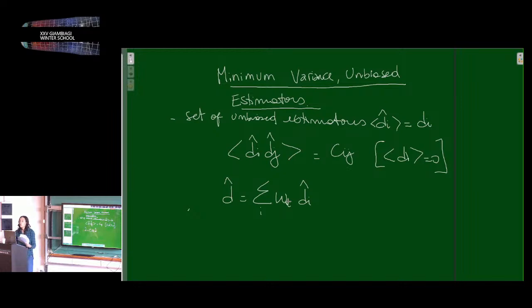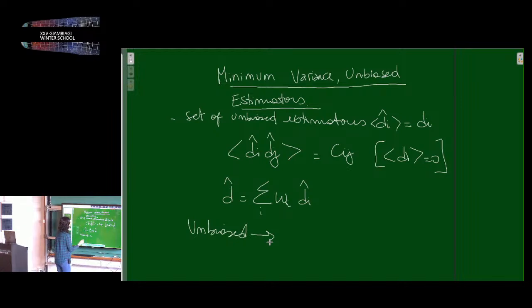Okay. So if I want to impose that this estimator D is unbiased, the condition of this estimator D being unbiased tells us that the sum over the weights has to be equal to 1, so that the expectation value of this estimator D is equal to its true value, okay?